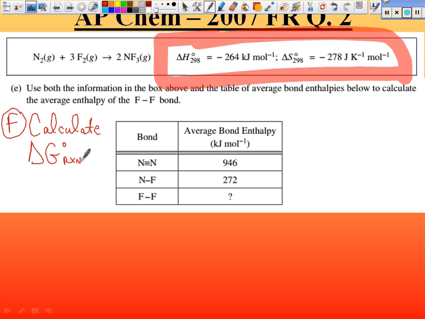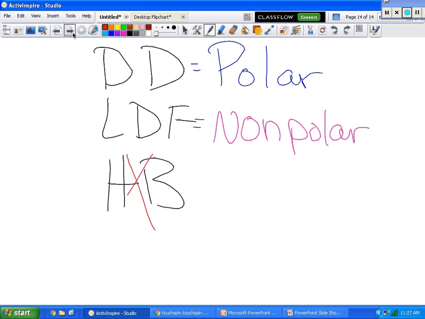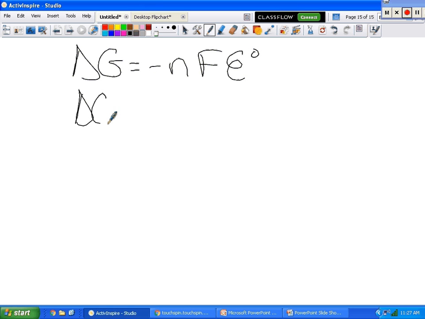What are the two ways, as of today, that you know how to calculate delta G? Okay, one of them is delta G equals negative nFE. And what? Very good, delta G equals negative RT ln K. Up to today, these are the only two ways that you know how to calculate delta G. Today we're going to add a third one, and this is the new one.